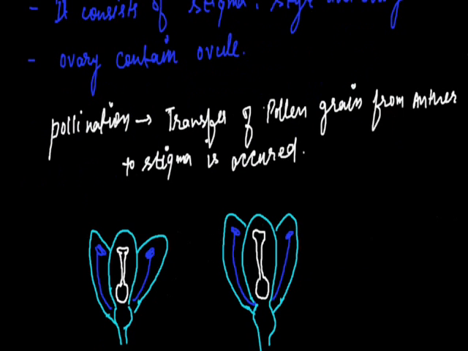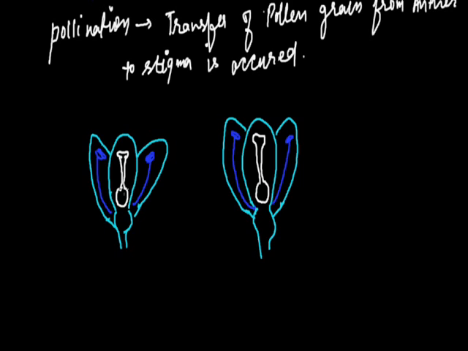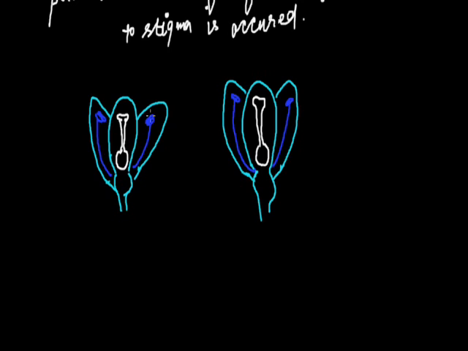Now these are two flowers and we will study pollination in these two flowers. First, when pollen grain of the anther lands on the stigma of the same flower, this process is called self-pollination.